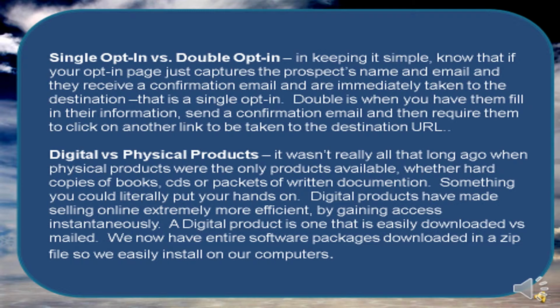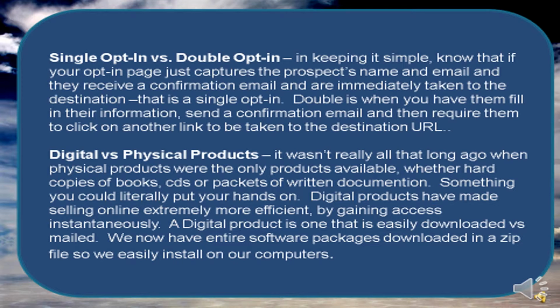Now, when they receive a confirmation email and they have to click on a link to confirm that they did in fact opt in, which in most cases is what's going to happen. In fact, all cases, because it's a policy with autoresponders that they make sure you're not spamming anyone. Okay, you don't want to be spamming, and they don't want you to be spamming anyone.